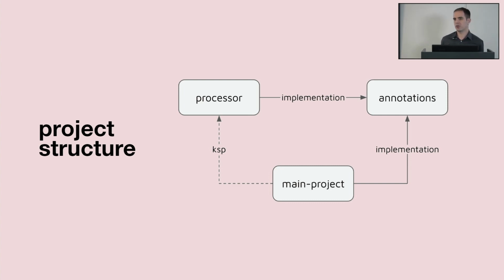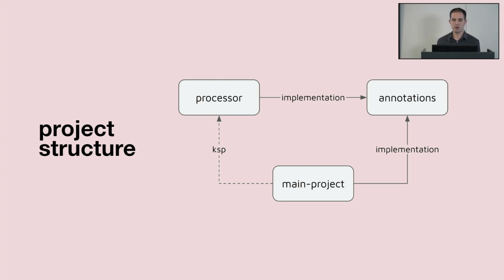We saw this structure already in the previous slides. So in most cases, the Kotlin symbol processor takes part of two different modules. The one module is the runtime module, which will be included in the final application as well. We call this here the annotations module because usually it will contain Kotlin annotations and only annotations, nothing else.